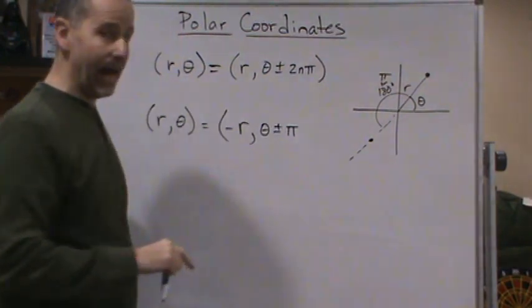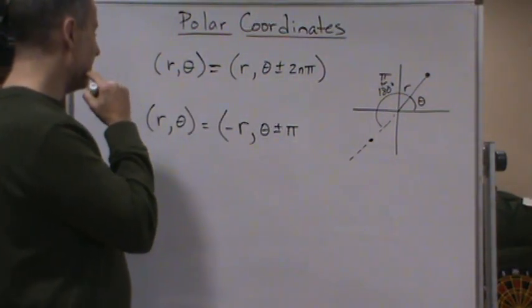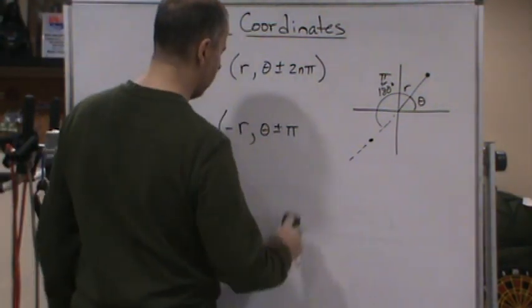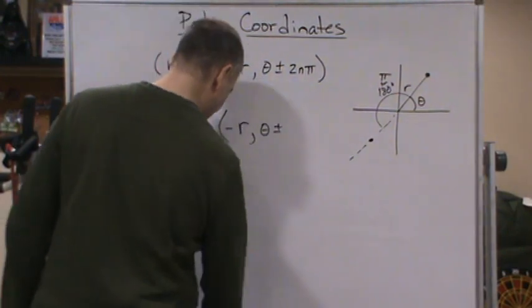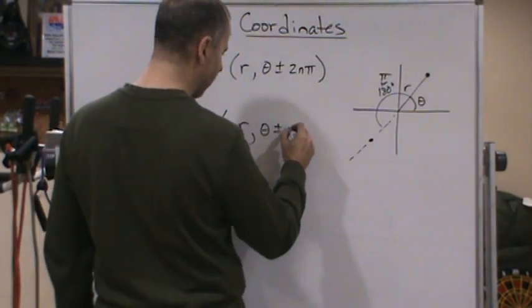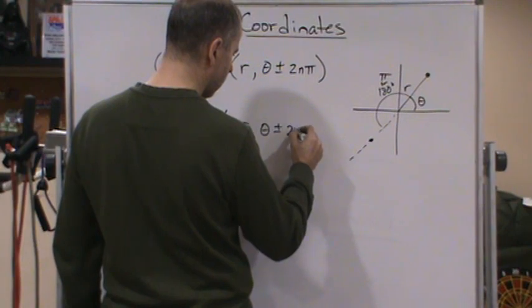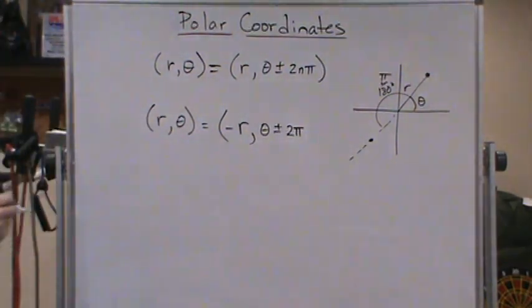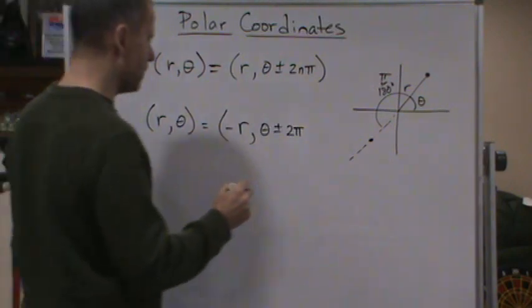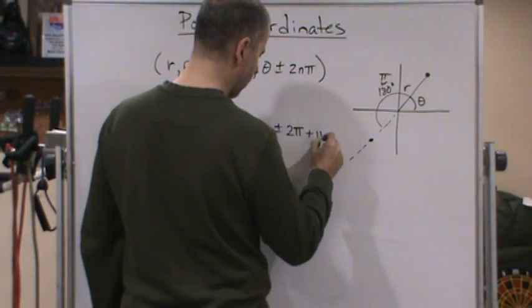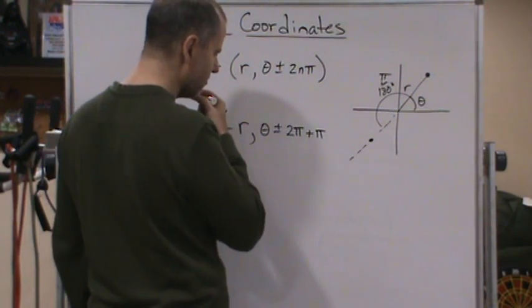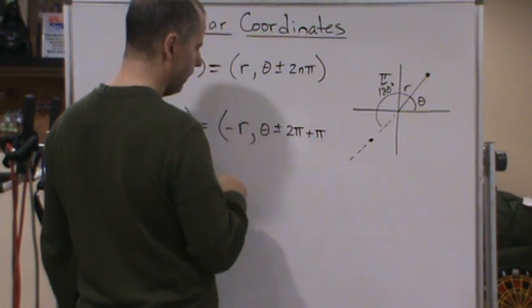Let's say I want to do every odd multiple. I can make this more general by saying, let's add a multiple of 2 pi plus pi. That'll work too.